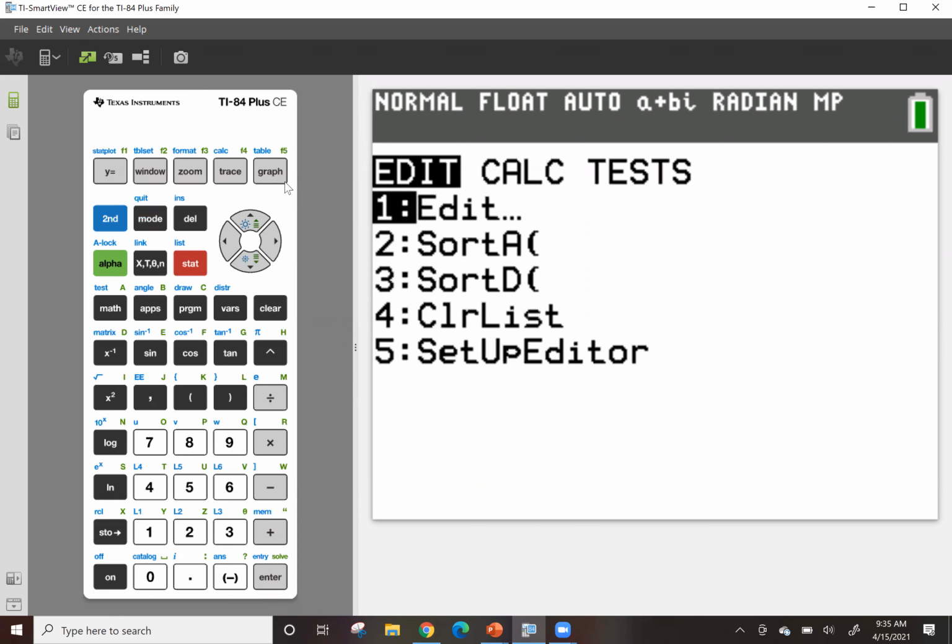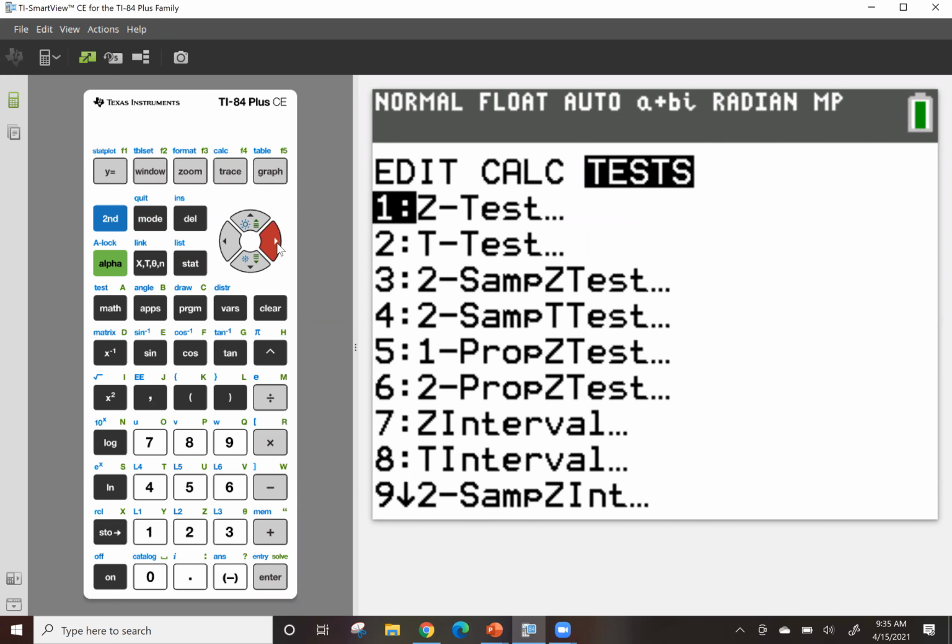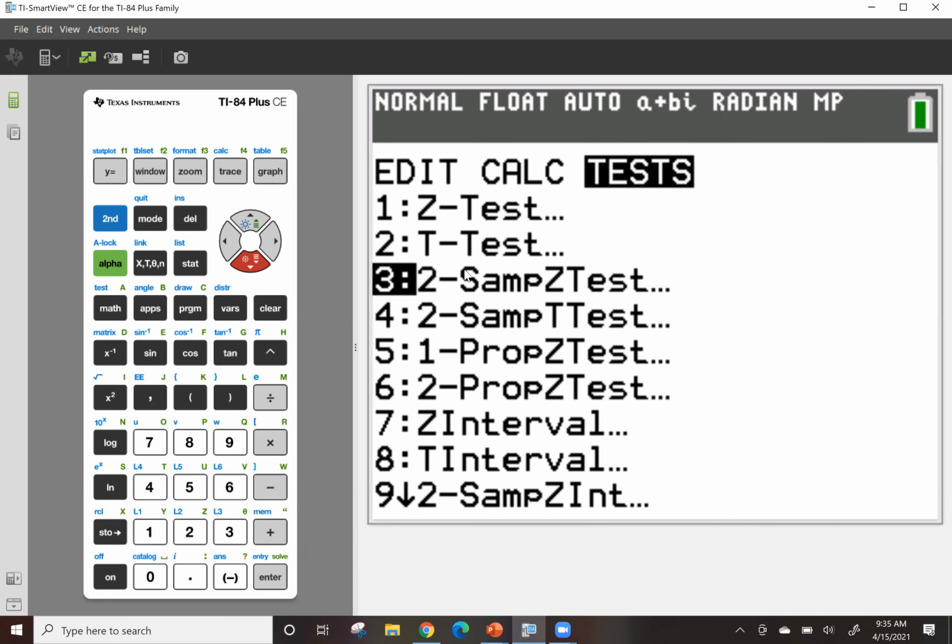So if I go to my stats and my test, do any of those look like they might be something you're looking for? Okay, so you want an interval, right? So we've got the z interval and the t interval, and those apply to a single sample.